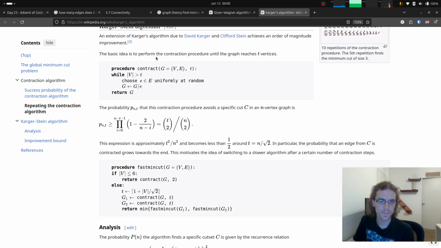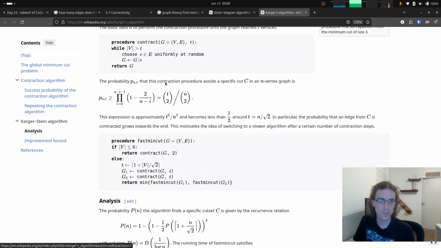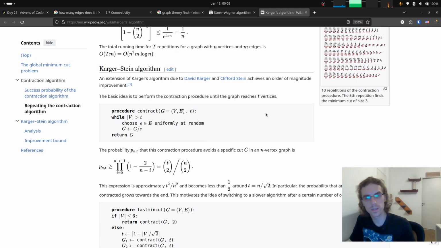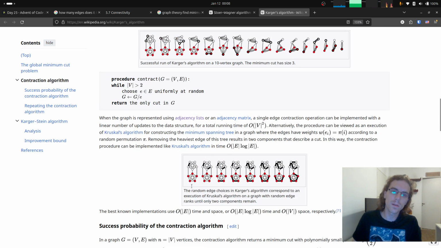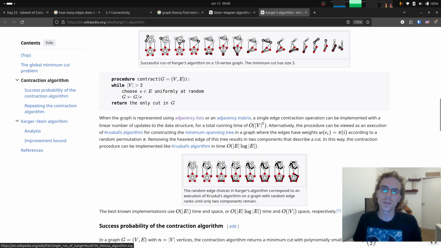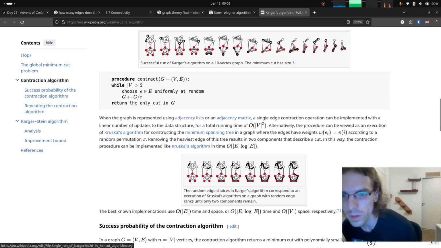Okay, so I don't know if this is the way to go. It sounds like a super fun algorithm to implement, this randomized idea, but the thing about this is that once you get to the end, okay, you know that the minimum cut size would be 3, but we already know that.